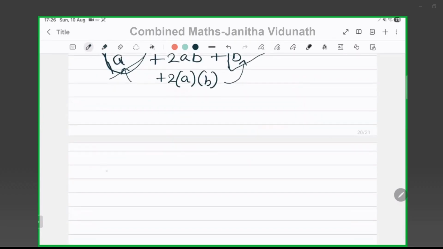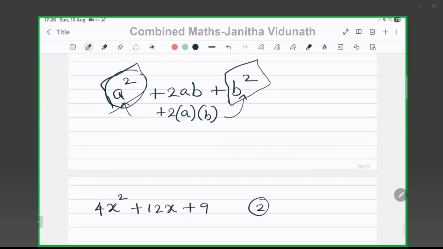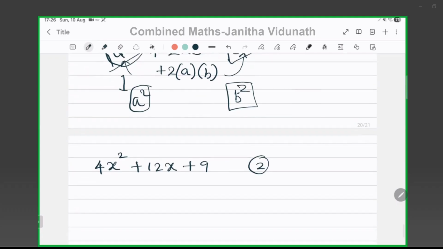Here, if we have 4x square plus 12x plus 9, the first thing we need to identify is to check whether there are two whole square terms. Like here, we have one term that is a square, this is a square number and square term, and the other also, b square, is also a square term.